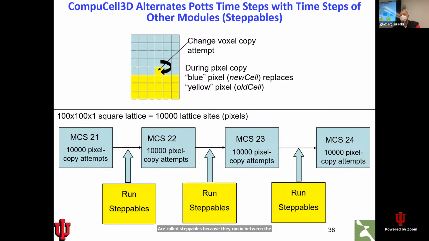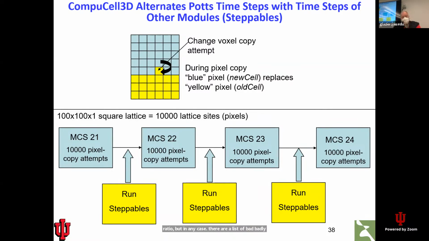Another bad name that we would never have kept if we had known that it was going to be used for 30 years. And in fact, CompuCell lets you run the steppables more often than once per Monte Carlo step, with an even worse name, which is called flip to dim ratio. But in any case, add it to our list of badly chosen names in CompuCell.